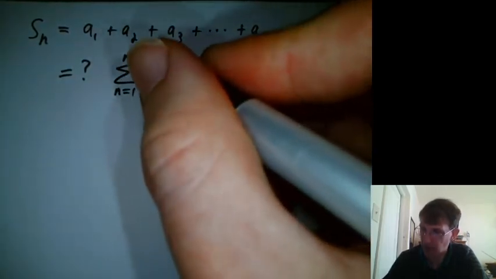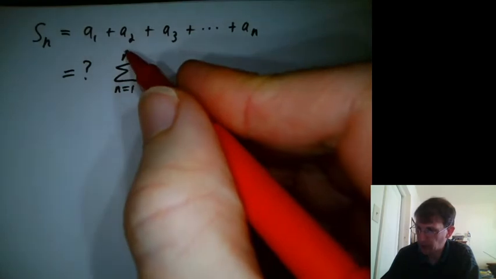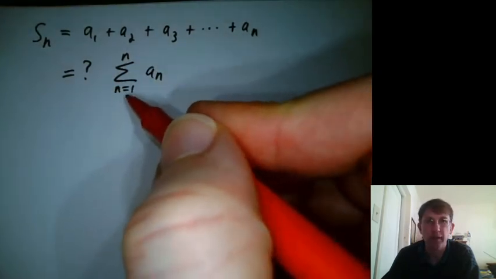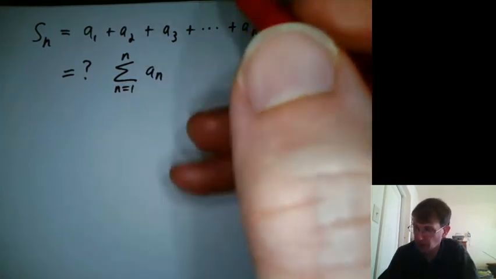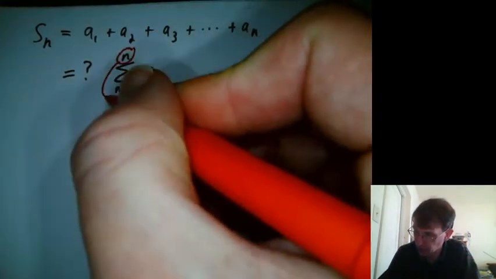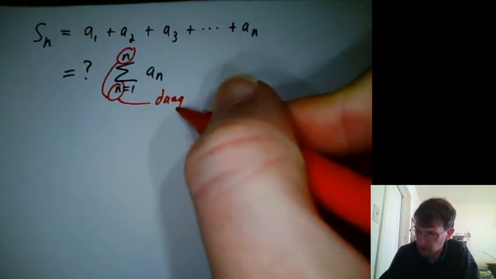And that's actually pretty dangerous, seeing this upper end is the same as the letter we're trying to use that starts at 1 and goes to something. So having this and this be the same letter is a dangerous idea. It's going to be very confusing.